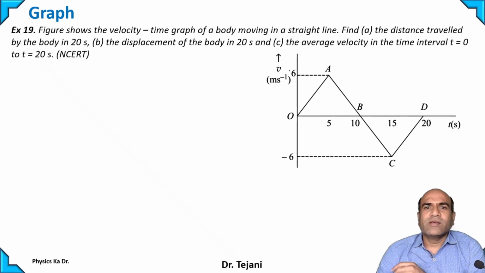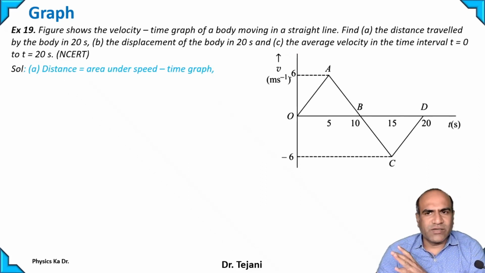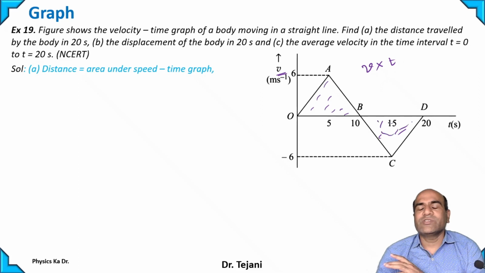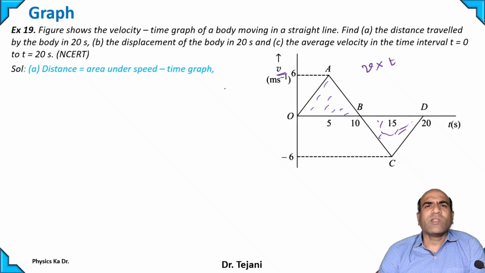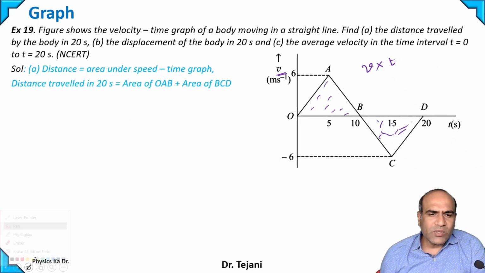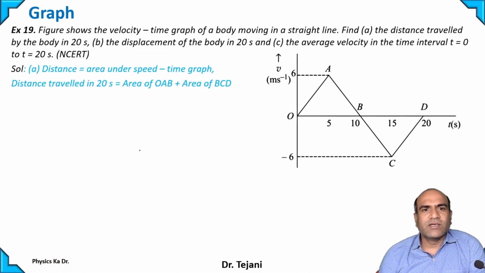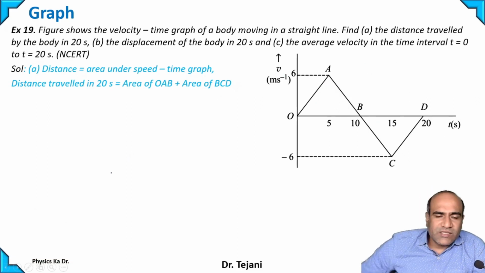So see, if you want to find distance, I just multiply v with t, which is the area under this region. This region gives us distance or displacement. So let's first have distance traveled.